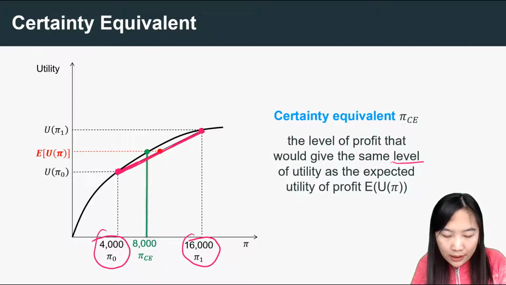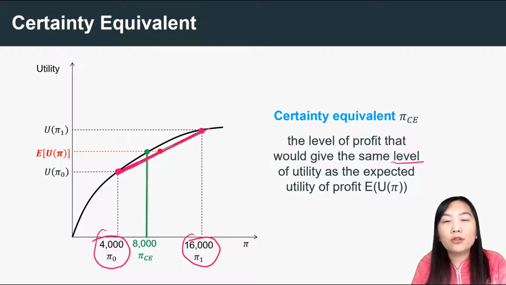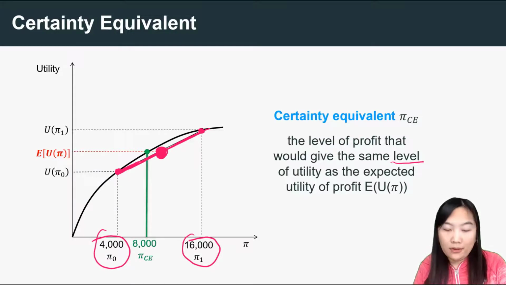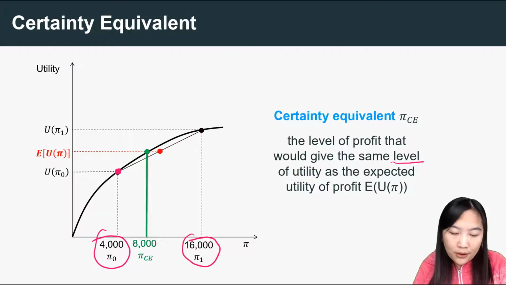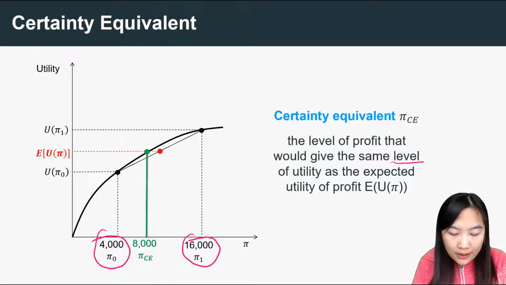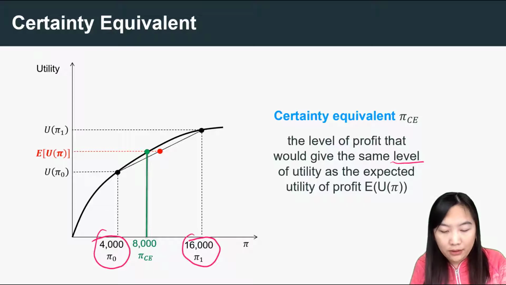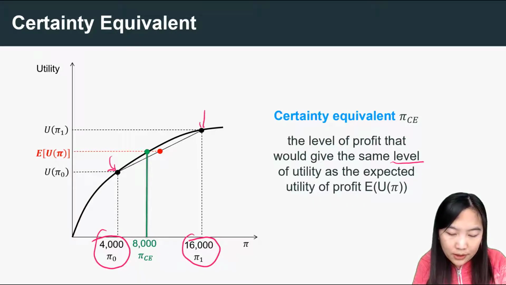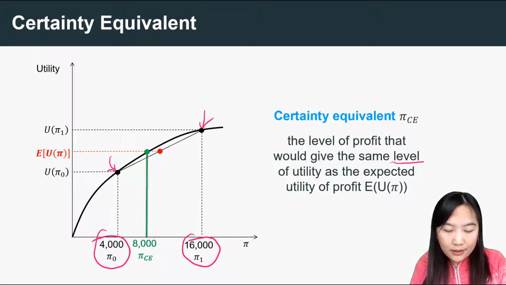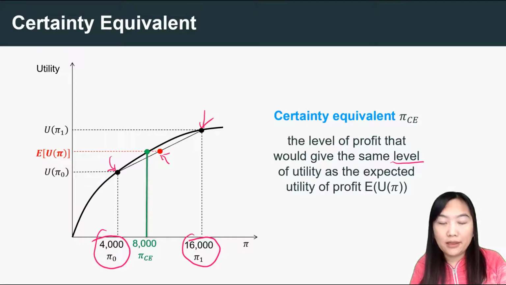And because the probability of good weather and bad weather is the same, the point in the middle of that segment is the level of the expected utility for the decision maker. Those two points are the utility of profit under good weather and under bad weather, and this red point here is the expected utility.